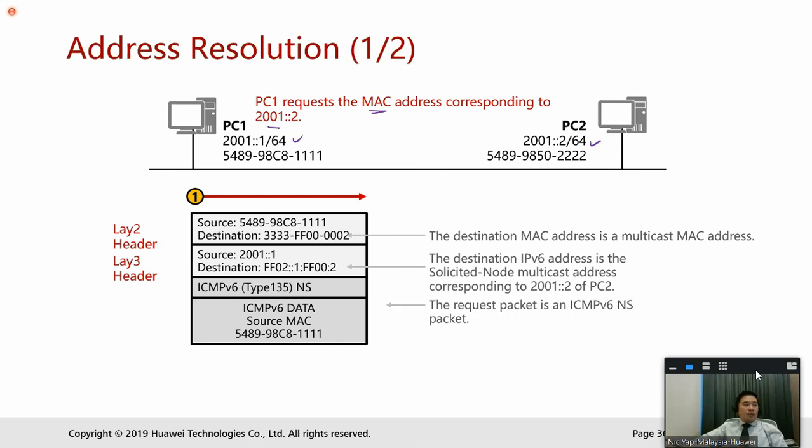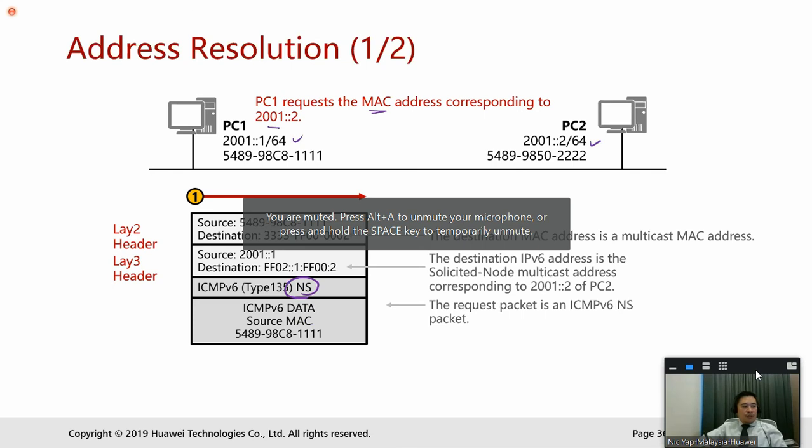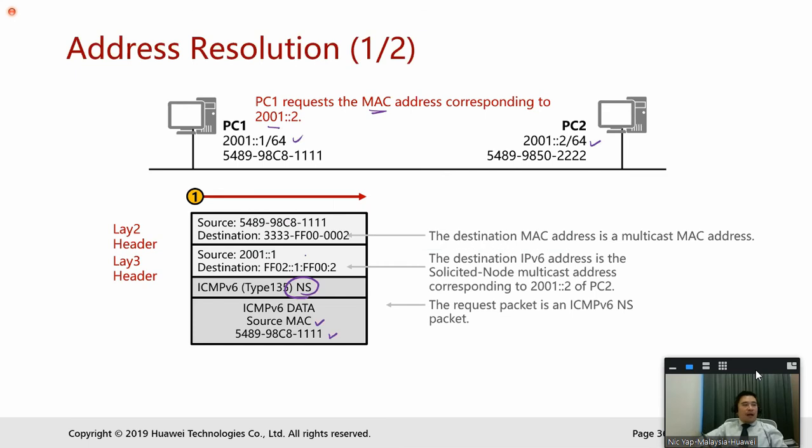So in this case, I'm going to send the ICMPv6 NS. Under the NS, this information is the source MAC address, 1111. I'm going to trigger, hey, this is the solicited-node multicast address, FF02::1:FF00:2.